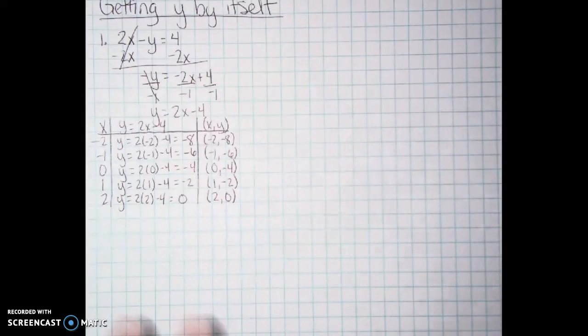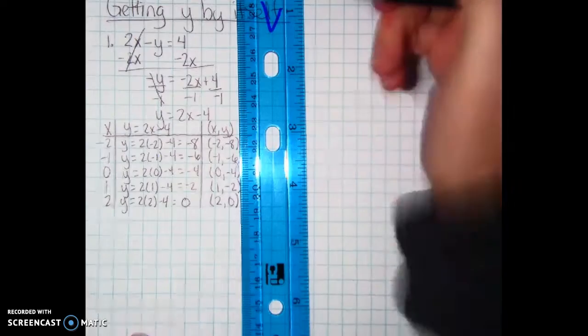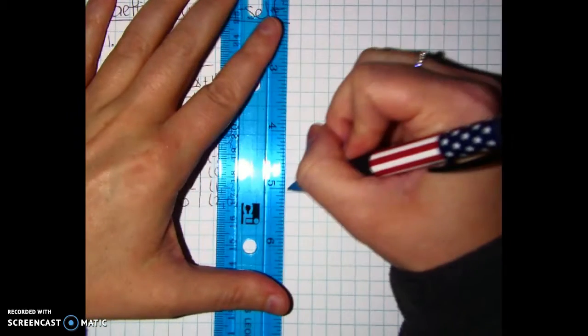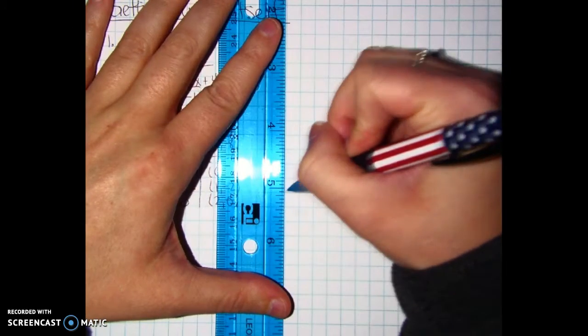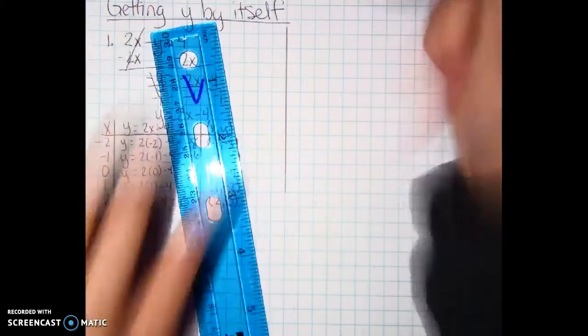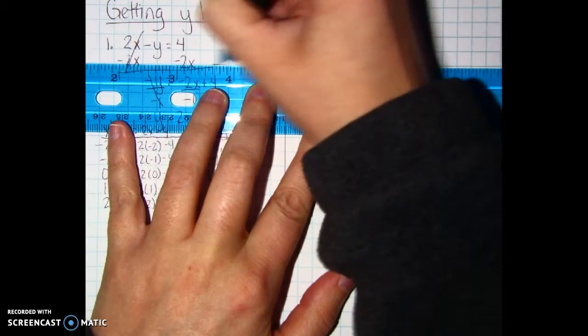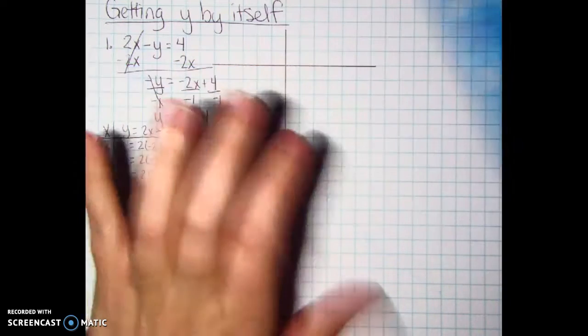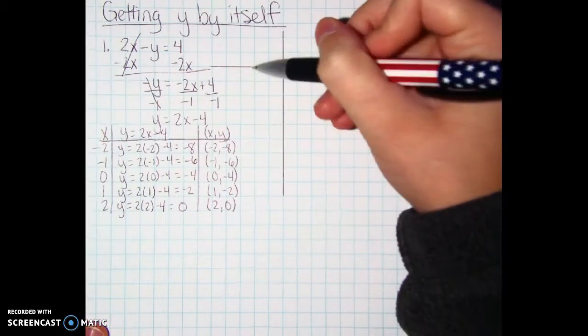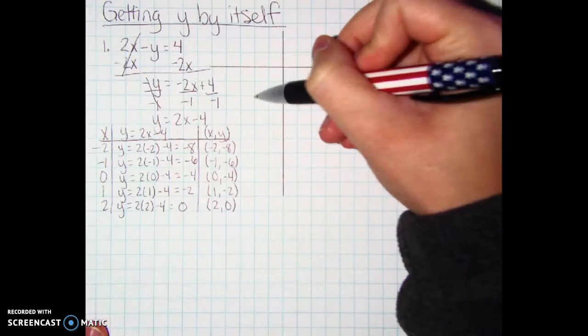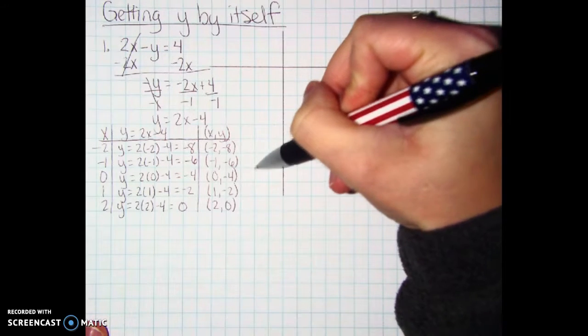Okay, now I'm going to graph it. Okay, first point is negative 2, negative 8. 1, 2, 3, 4, 5, 6, 7, 8.